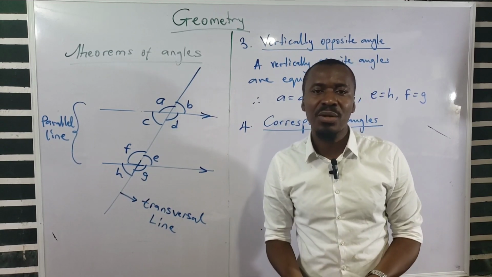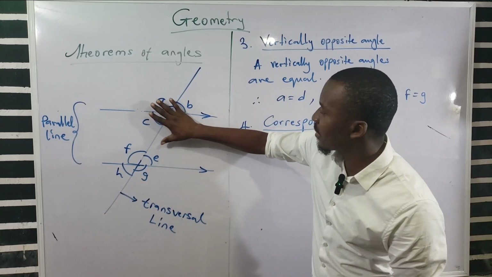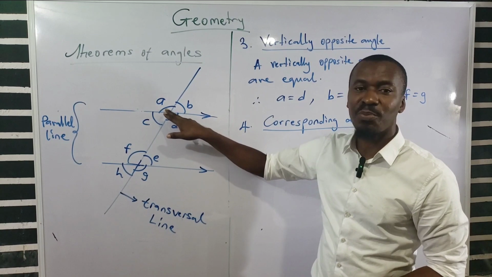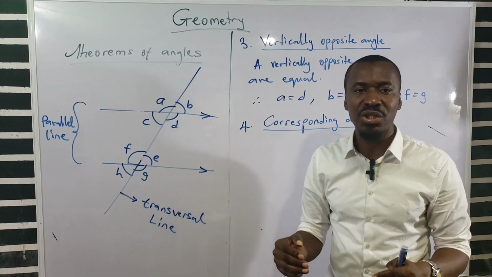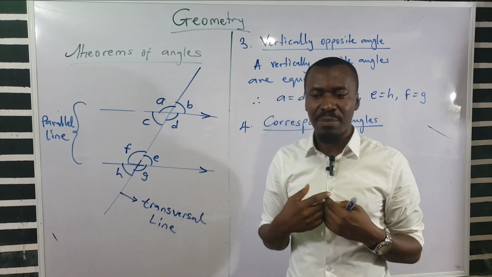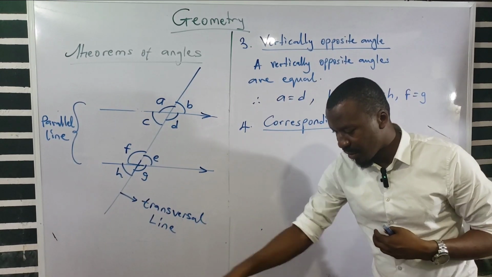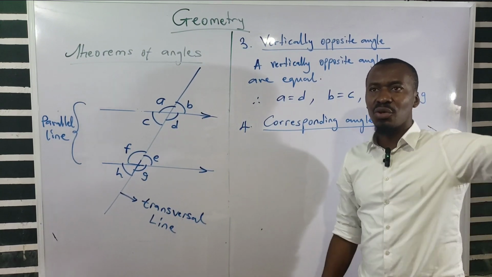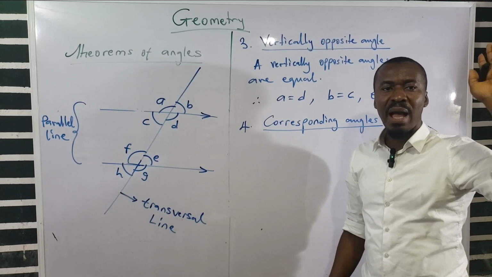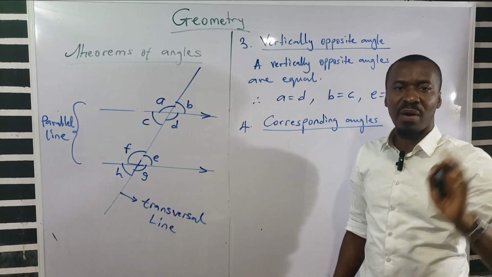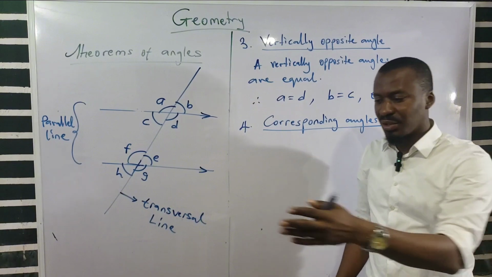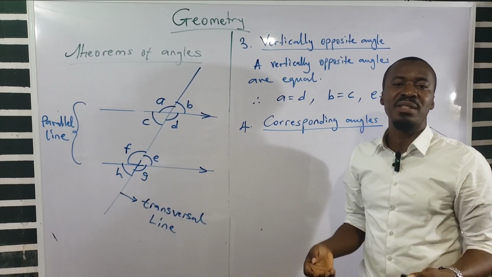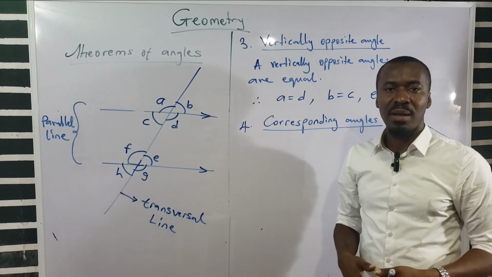So corresponding angle is that when you come to this point and you come to this point, whichever position the angle is at this point, it will be at the same position at this point. What does that mean? I'm here, you are there. If I bring out my left hand, you bring out your left hand. If I raise it up, you raise it up. That means we are bringing out the corresponding part of our body, because it's our left hand and you have your left hand. So we are doing a corresponding activity with a corresponding part of our body.